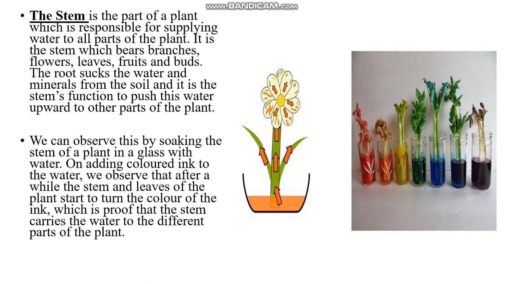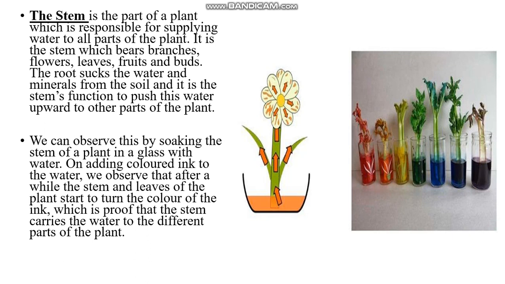The stem is the part of the plant which is responsible for supplying water to all parts of the plant. We can observe this by conducting a small experiment by soaking the stem of a plant in a glass with water.